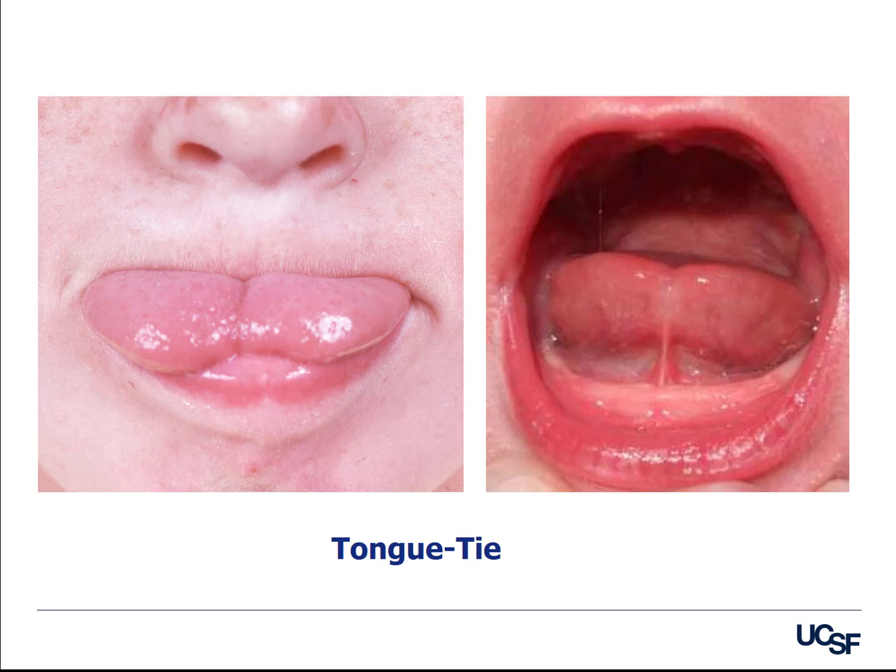So if the decision is to release the tongue tie, the procedure can be very simple. We can anesthetize the bottom of the tongue on both sides, and you can use a scalpel or maybe a cautery to release the little membrane that attaches the tongue to the floor of the mouth.